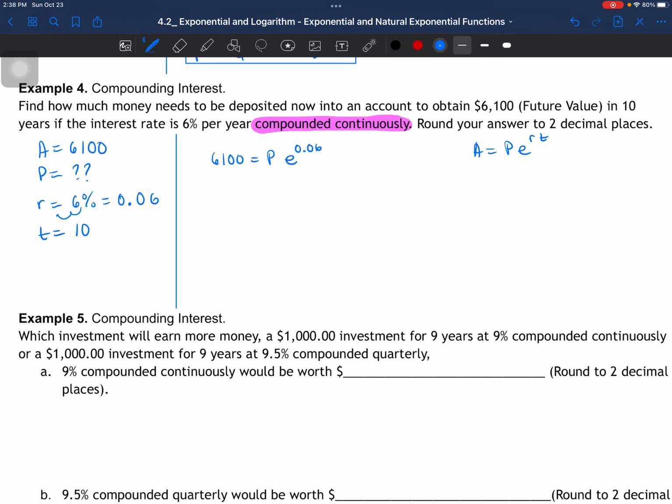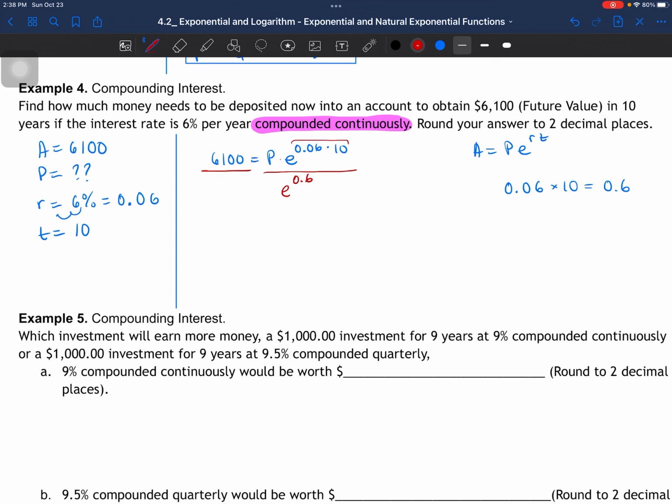And so now once we plug it into the formula, it'll be 6,100 equals P times e to the 0.06 times 10. And we can multiply those two, right? 0.06 times 10 is 0.6.